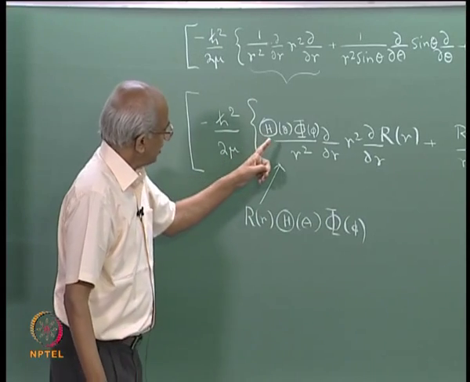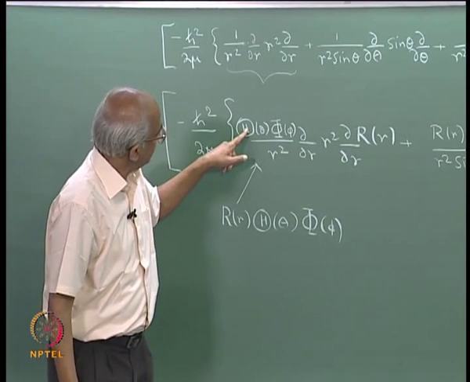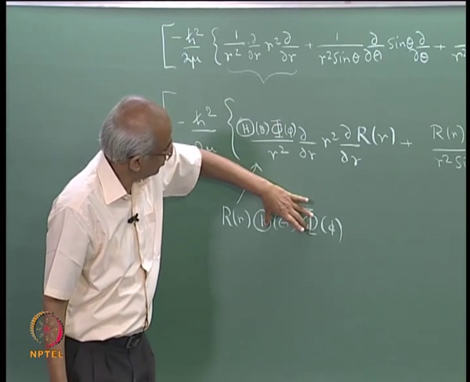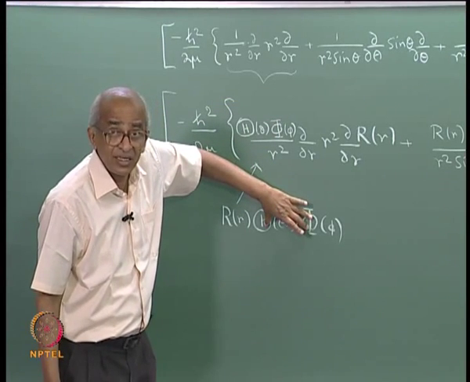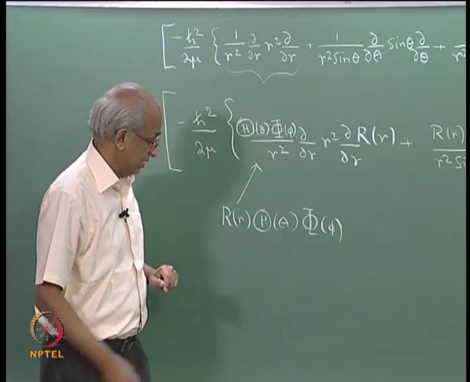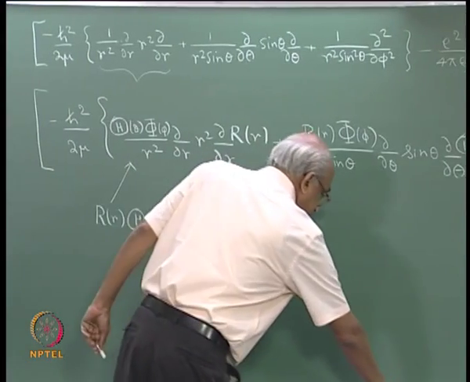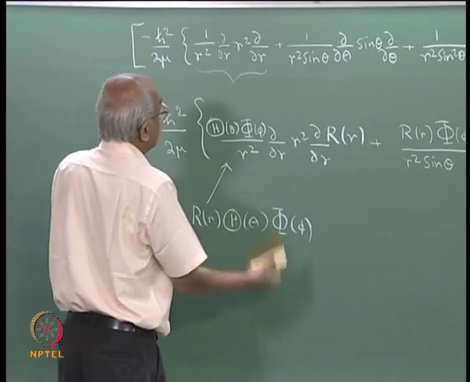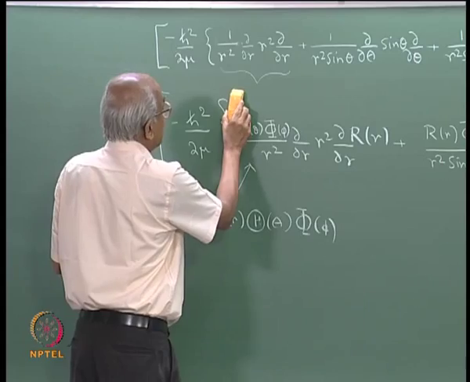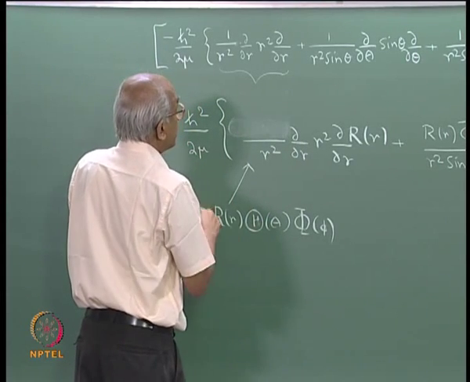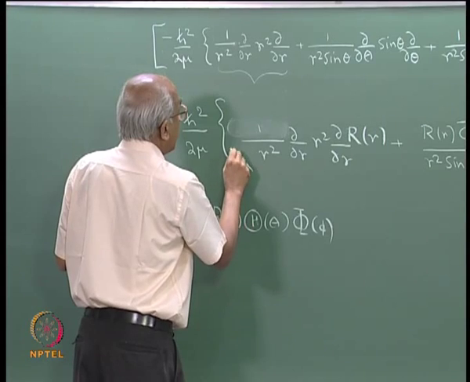Obviously as far as this term is concerned, there is a capital theta and a capital phi in the numerator, so these will get cancelled and you will be left with capital R of r in the denominator. So without writing the equation once more, this is already a long equation, I will just rub off this and write 1 by capital R of r.